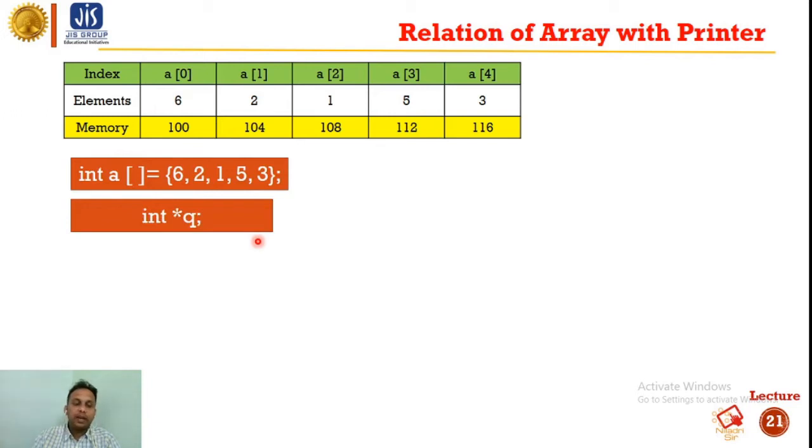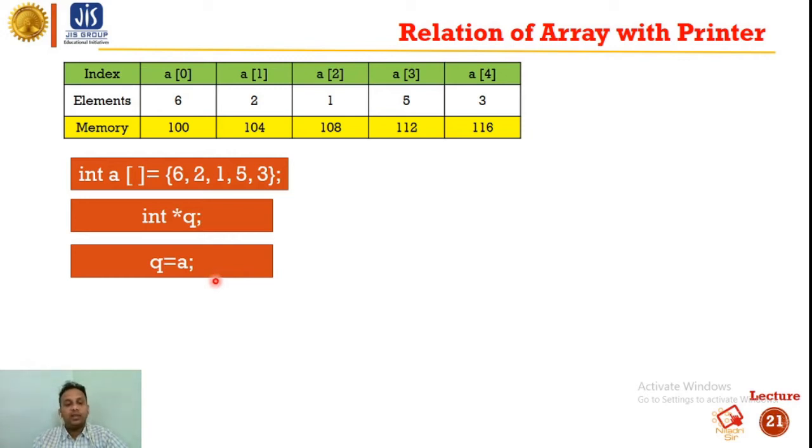This is the int pointer q. Q is a pointer which can store the address of an integer variable. We have written q equals a. What does q equals a mean? A is an array, so q will store the address of the array. But an array has many addresses, because it has 5 values and each has a different address.